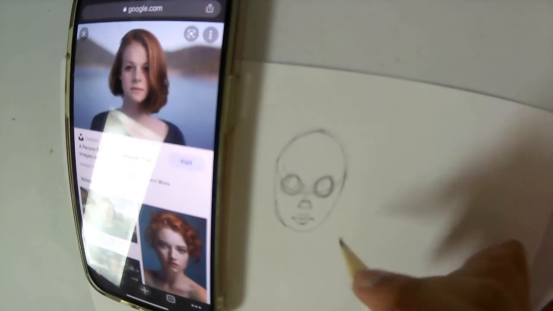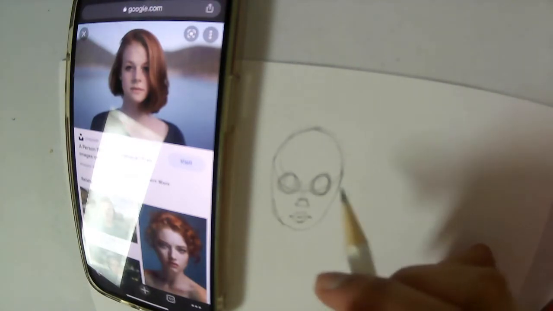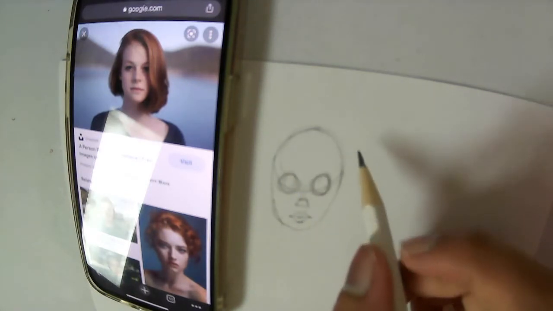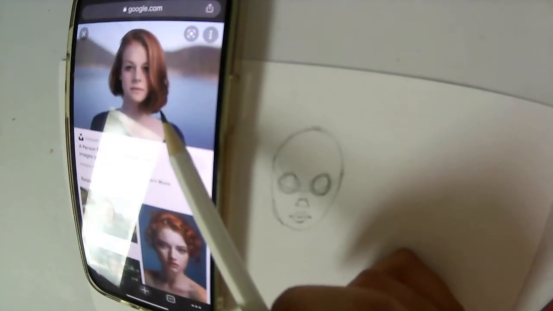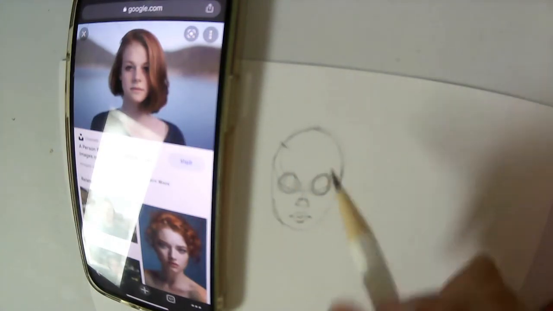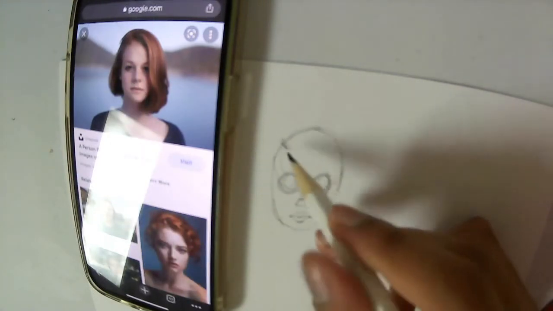Now before we start on any details, we want to draw where the hair is going to go. So we'll look at the part first, and then we'll look at what shape it makes and replicate that shape in a very simplistic manner. So you want to draw the side part. She has a side part right about here. So I'm going to draw the side part here.